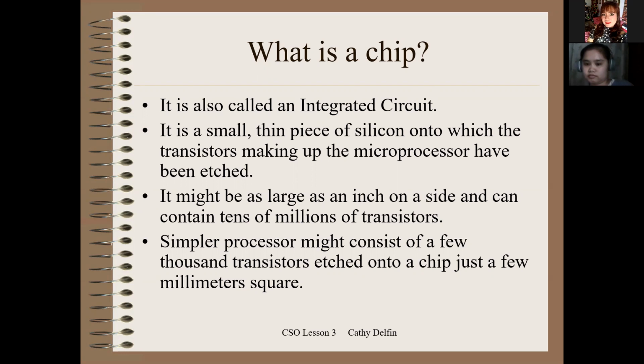It might be as large as an inch on a side and can contain 10 million transistors. A simpler processor might consist of a few thousand transistors etched into a chip just a few millimeters square. Small, no? But it is composed of millions of transistors.